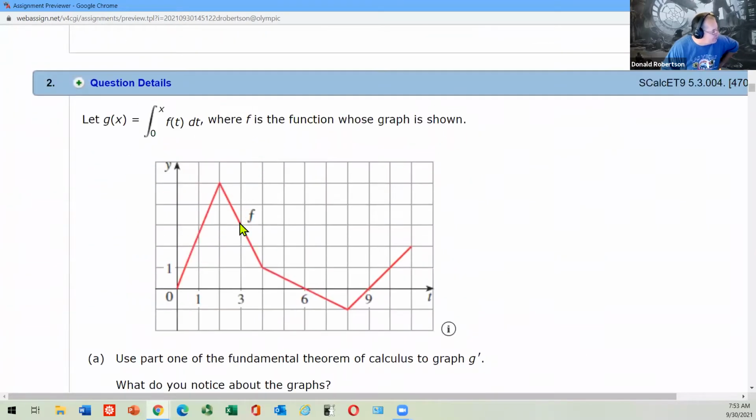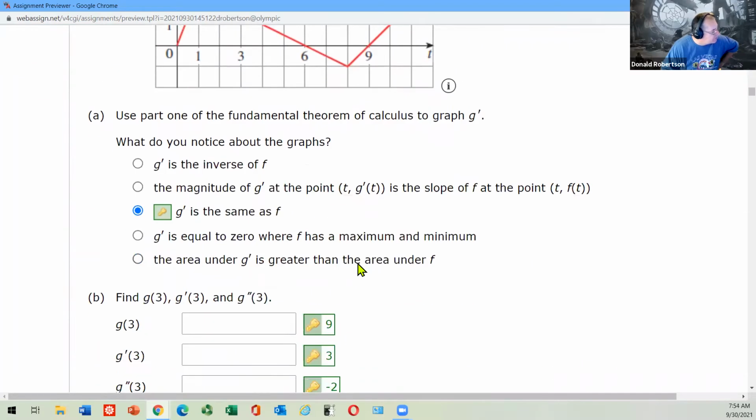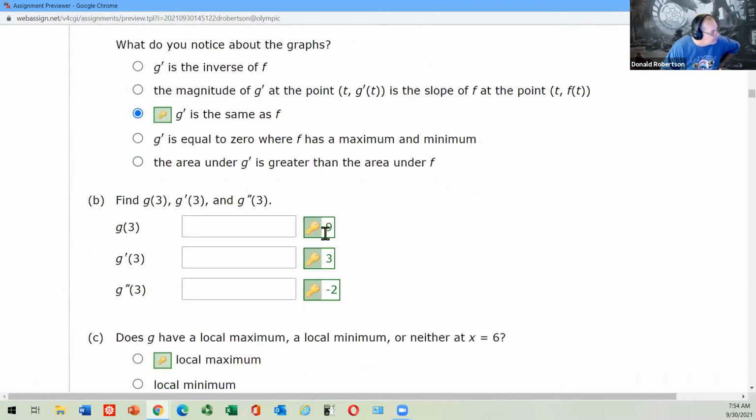And when they say G of 3, aren't they looking at the area from 0 to 3 of this shape? And that's where the 9 is coming from. So that is really the same thing as the value of the function at 3, and this one here is really the same thing as the derivative at 3.